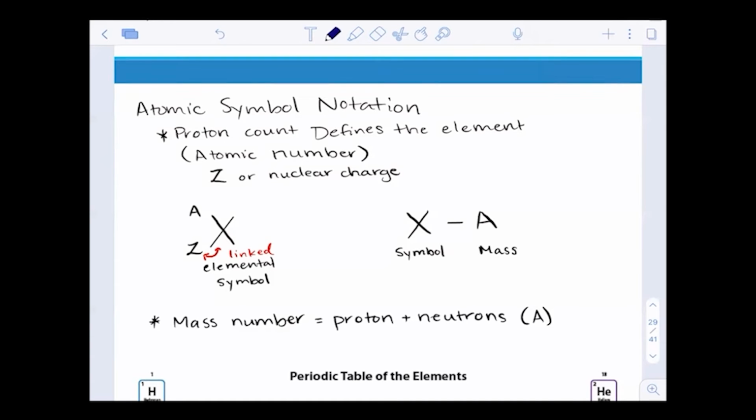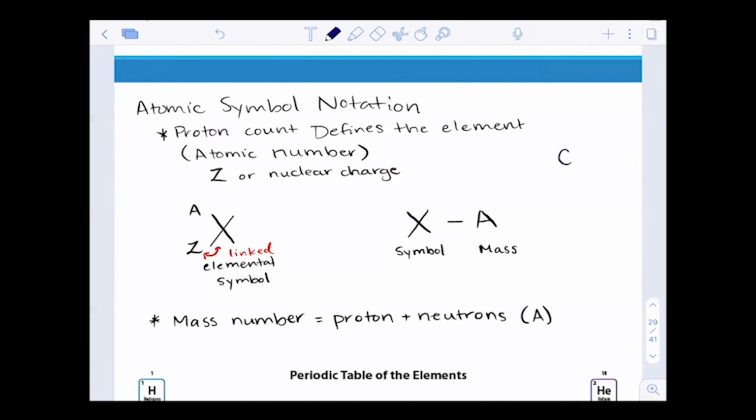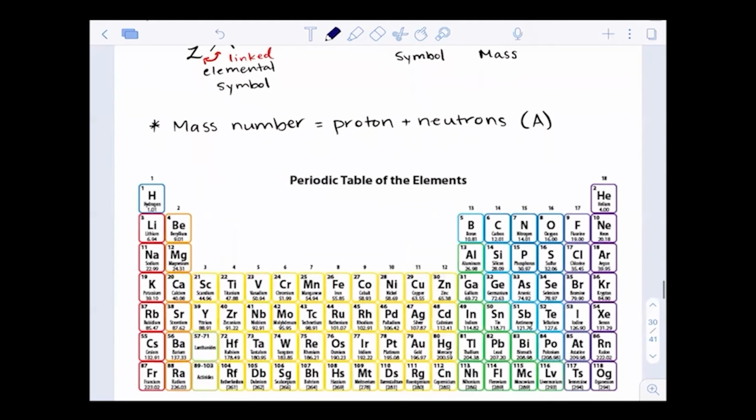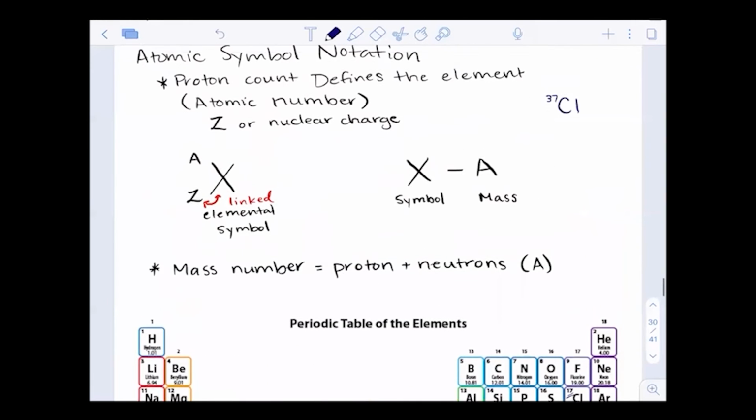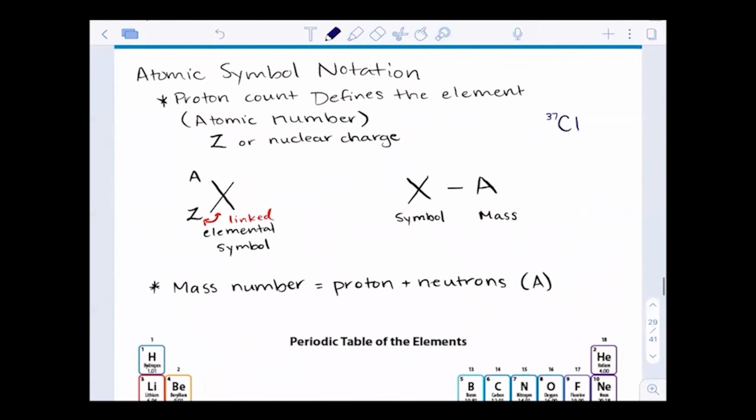So for instance, we could see chlorine-37 right there. When we think about chlorine, we can look up on a periodic table and see that chlorine is atomic number 17. You don't have to write it, because I would know just by looking at that atomic symbol that the proton count is 17.